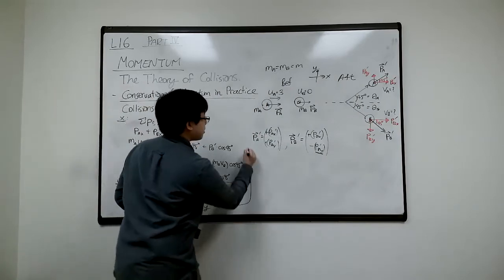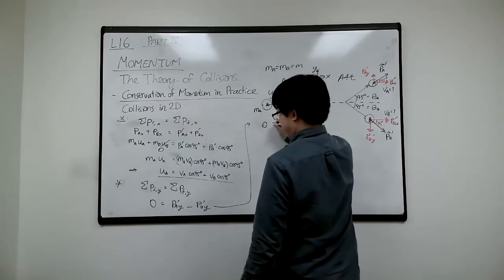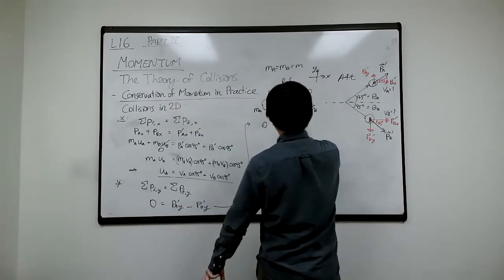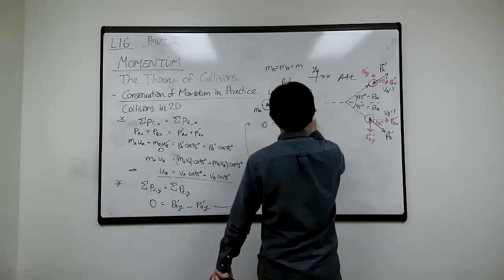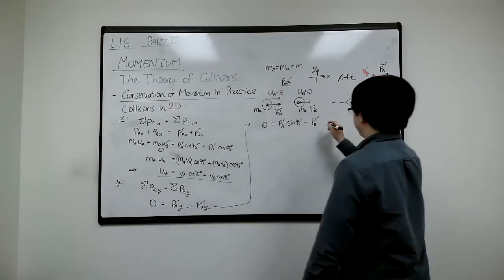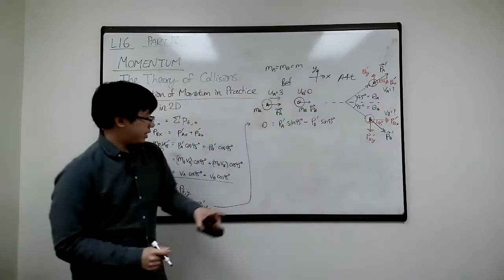And let's bring this up. So I have 0 equals PA prime's magnitude times sine 45 degrees minus PB prime's magnitude times sine 45 degrees, like that, right?